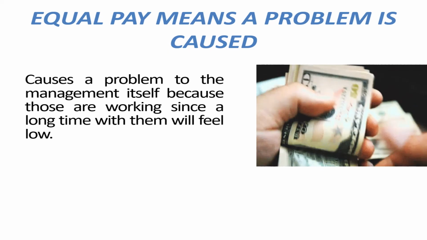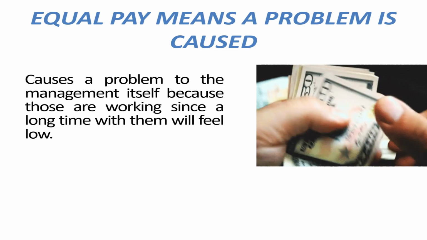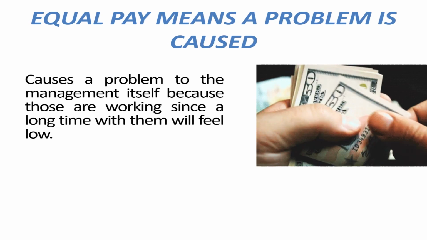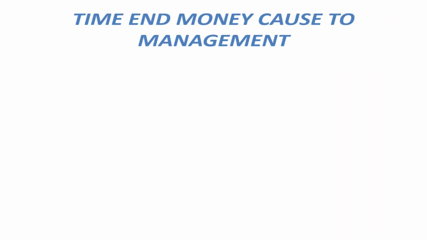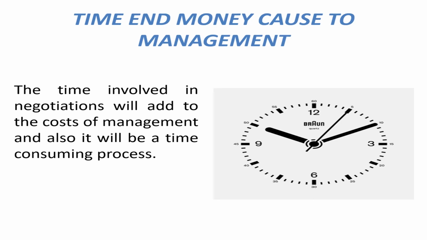Then it will cause a problem to the management itself because those who have been working with them for a long time will feel low. Time and money cost to management. The time involved in negotiations will add to the costs of management, and also it will be a time-consuming process.